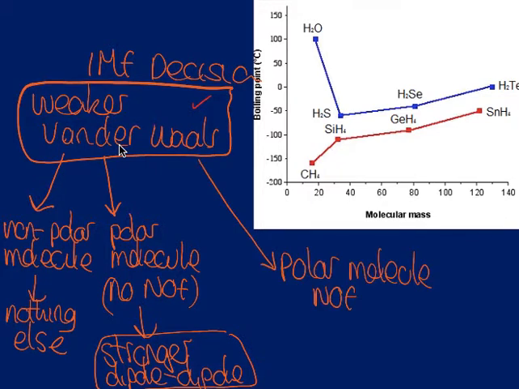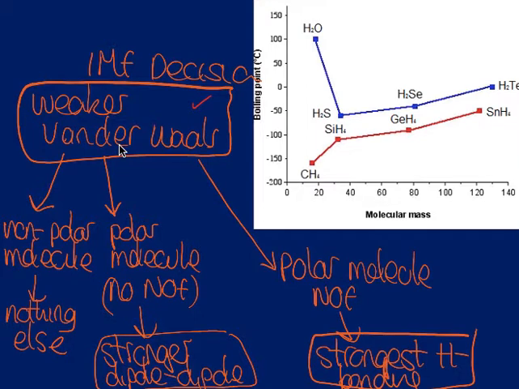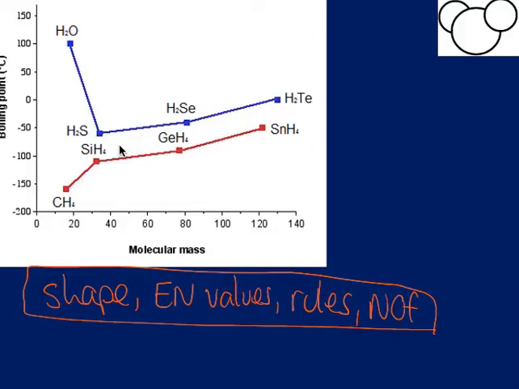And our last bit of our decision tree is that if you have a polar molecule but there is NOF present, so that means NH, OH or FH, then you are going to have weaker van der Waals and strongest hydrogen bonding. So if you want to use this little decision tree to help you figure some stuff out, please absolutely do. So for homework, you're going to be looking at this graph, and you are going to find out the intermolecular forces that each compound has in this graph.